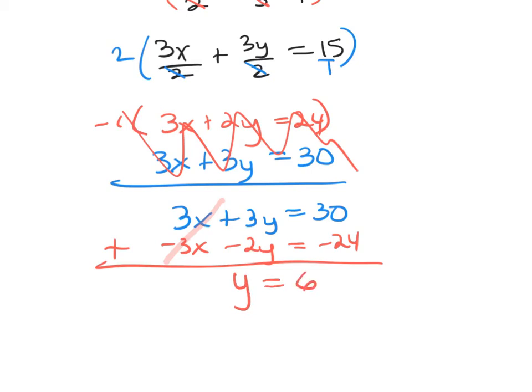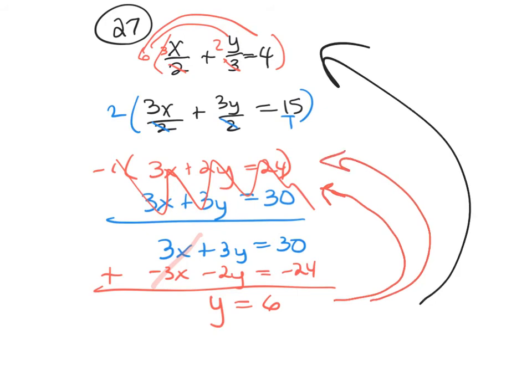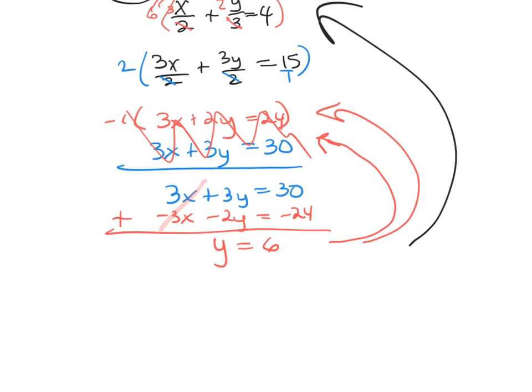And now what I need to do is take it back and plug it back into one of the equations. It'll be easier to do it either into here or here, but you could go back to the fraction. Let me go ahead and just plug it into the 3x plus 2y equals 24.